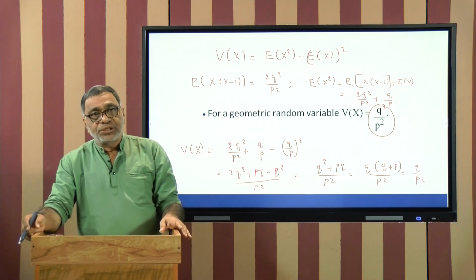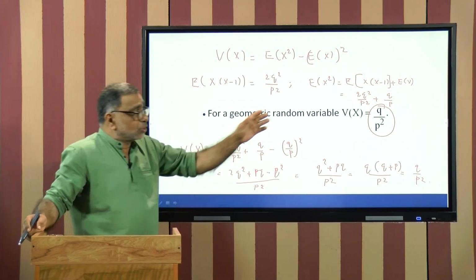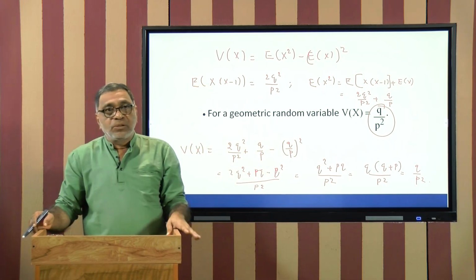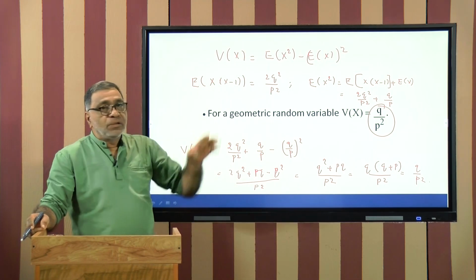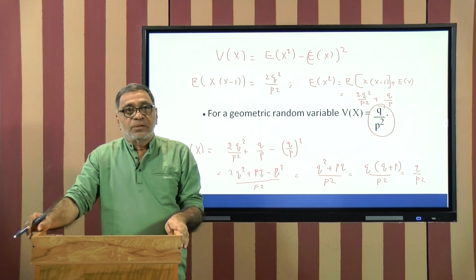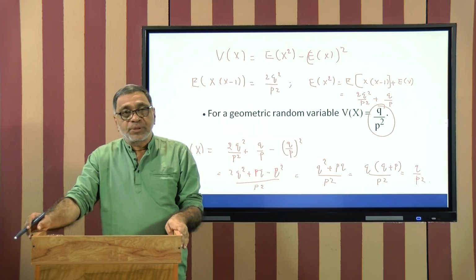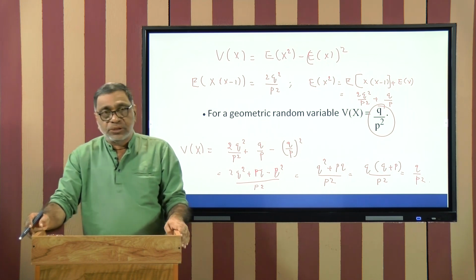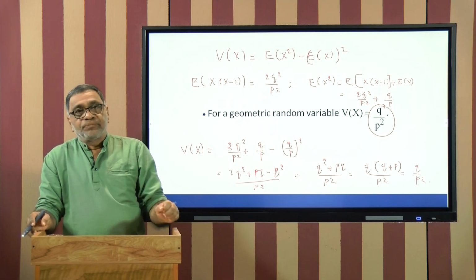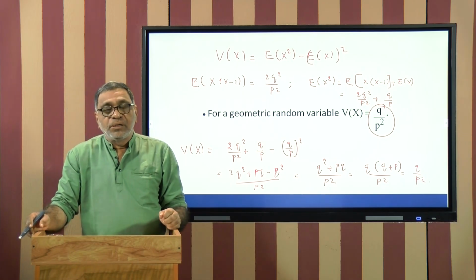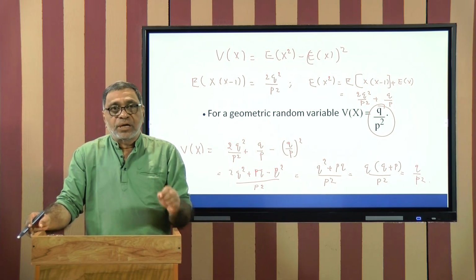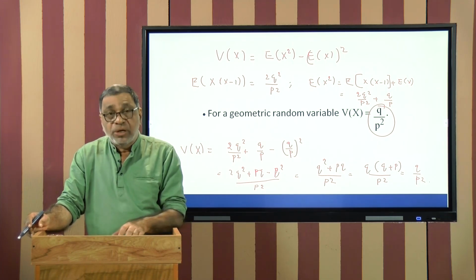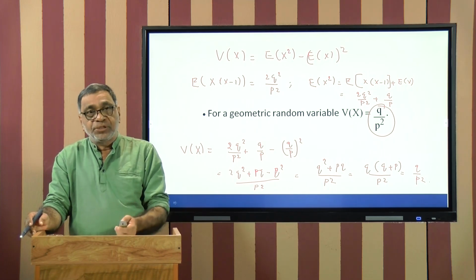From that expression we can calculate the expectation of x squared by this simplification, and substituting the values in the variance formula, we have expectation of x squared minus expectation of x the whole squared, which is equal to q divided by p squared. So, just note, for a geometric random variable, the mean is equal to q divided by p and the variance is equal to q divided by p squared.